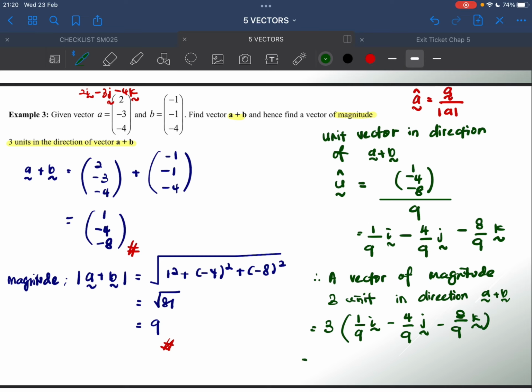So the final answer is 1 over 3 i minus 4 over 3 j minus 8 over 3 k.